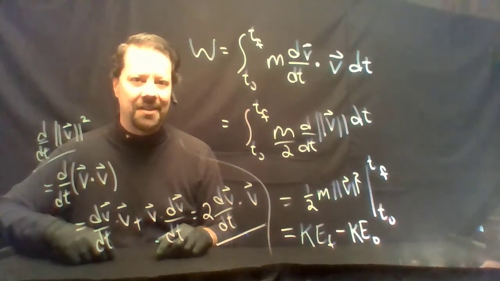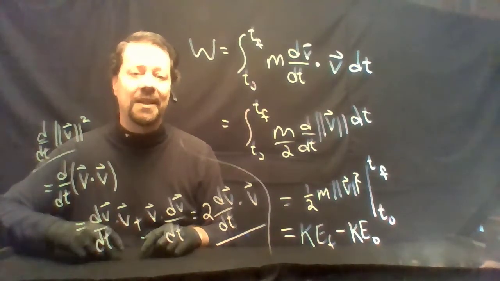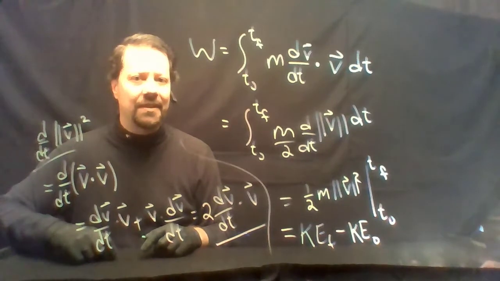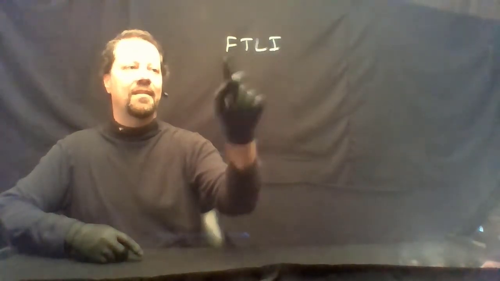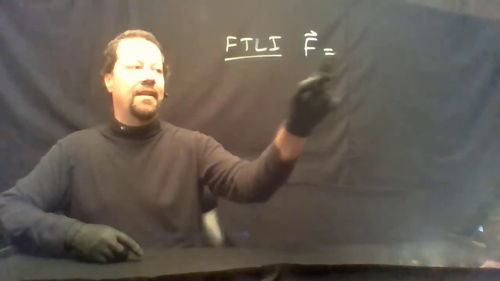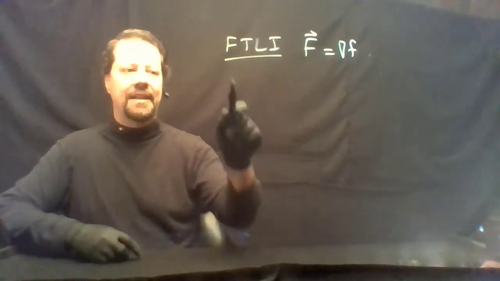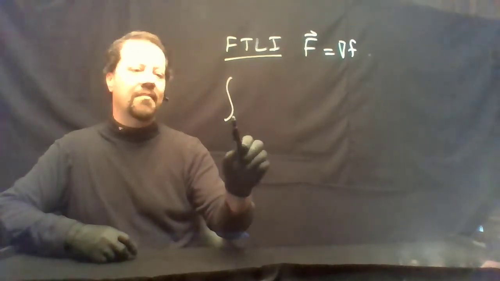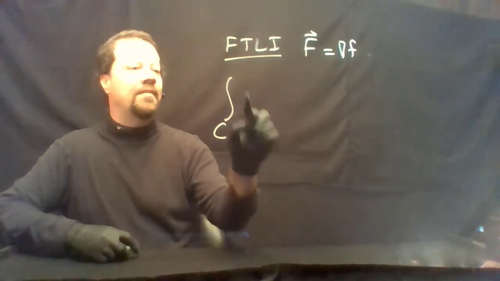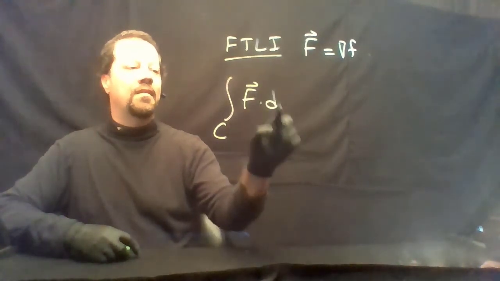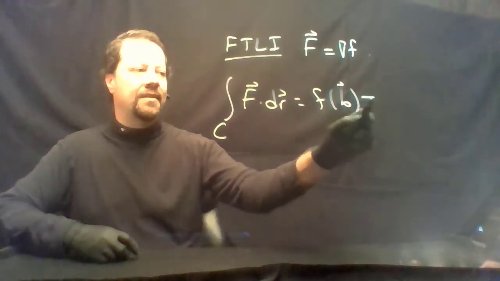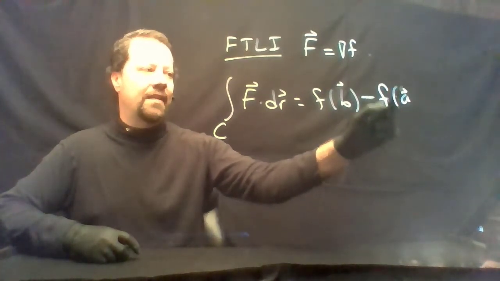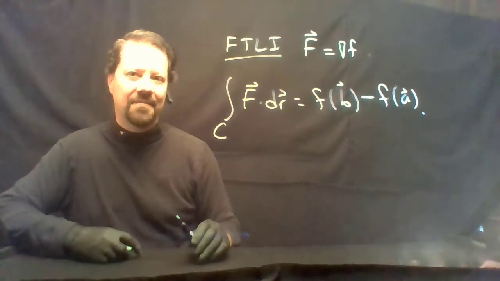But there's another way to look at this because we assumed that this vector field is conservative. You'll recall from the fundamental theorem of line integrals that if F is some gradient of a potential, then the integral will be the potential evaluated at the final point minus the potential evaluated at the initial point.